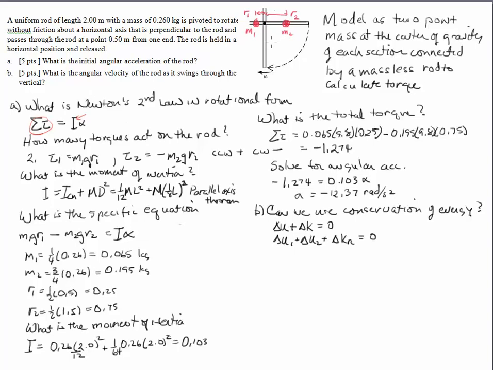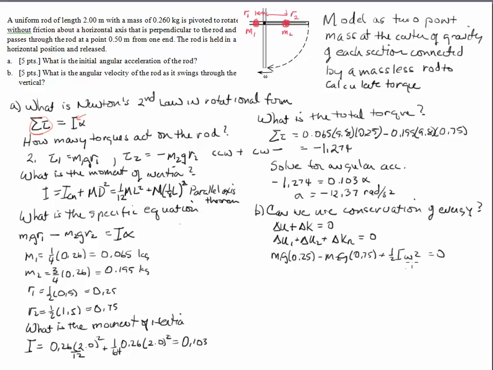Once again, we're modeling as a point mass located at the center of each section, and so the rise in potential energy for mass 1 is just m1g r1, and for mass 2 will be a minus m2g r2. And we can calculate that. And I set the equation up.